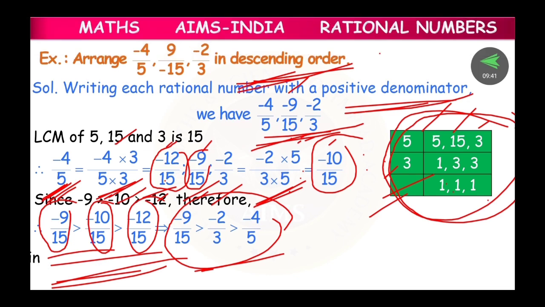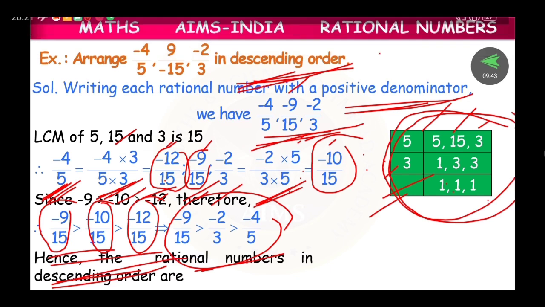After comparing the rational numbers, we can write them in descending order or ascending order. For comparing them, what we have to do? The first step is to make them with positive denominators. If a minus symbol is there in the denominator, we have to take it up.